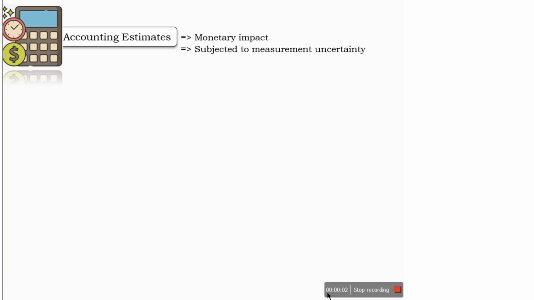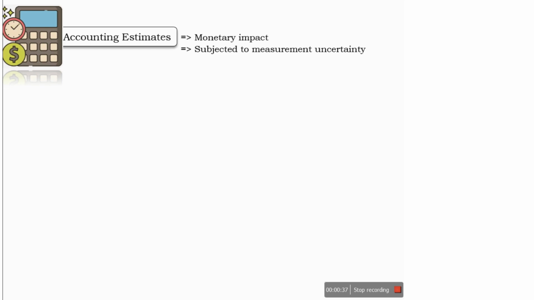When we are in business, we need to estimate a lot of things. For example, we need to estimate the net realizable value of the inventory that we are carrying at the end of the financial year, or how much will be the bad debt amount of the accounts receivable we are carrying, and the warranty liabilities against the sales that we have made in the current year or in previous years, or what will be the fair value of financial assets and liabilities that the entity is carrying, and the useful life of the assets.